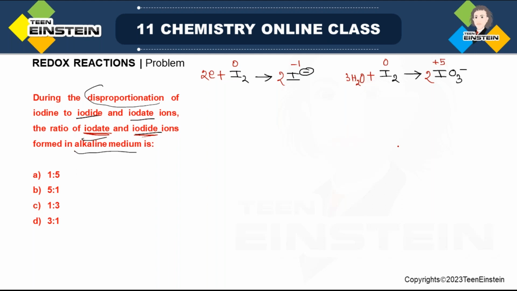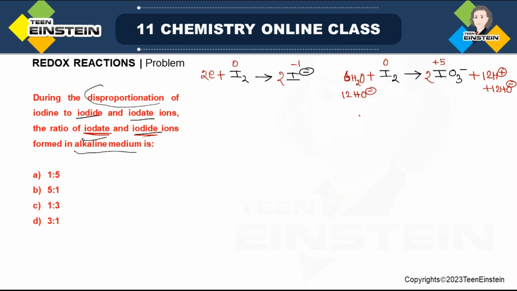As we have added 3 water, the total number of oxygen is 3 into 2, that means 6, so it should be 6 water molecules I have written, which means there must be 12 H plus on the other side. But as it is an alkaline medium, we cannot add H plus, so to balance it on both sides we will add 12 HO minus.